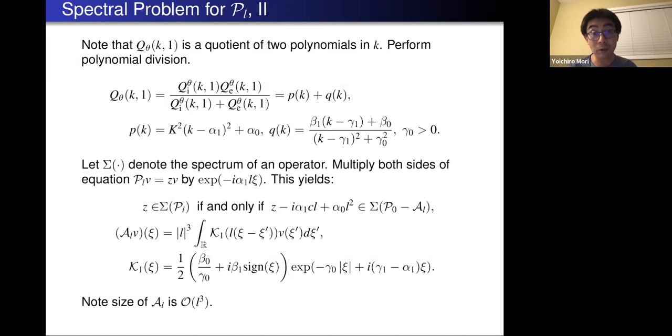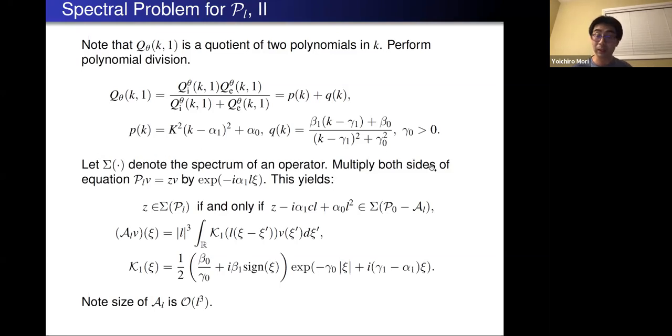We perform polynomial division so that PK is a second order polynomial and QK is just a linear function K divided by a quadratic function K. This decomposition suggests that things might simplify if you multiply the eigenvalue equation PLV equals ZV by the exponential of minus I alpha 1 LC, because of this alpha 1 that emerges as you complete the square for PK.